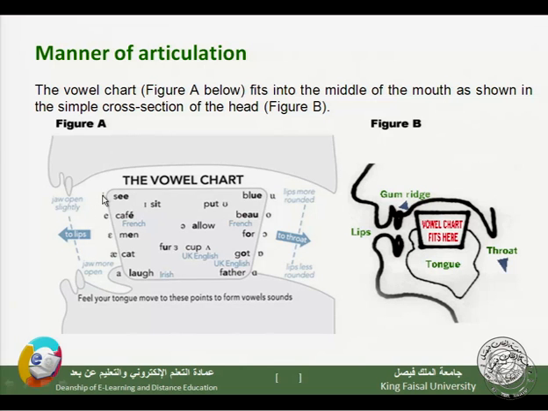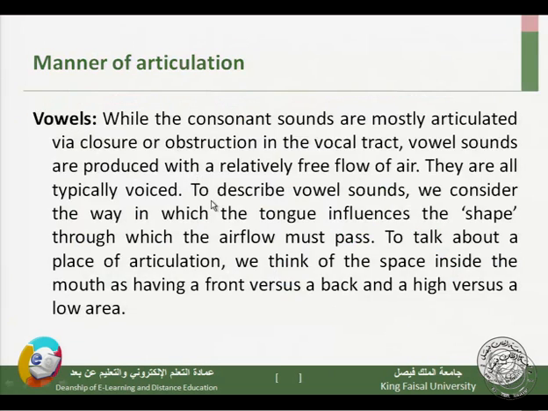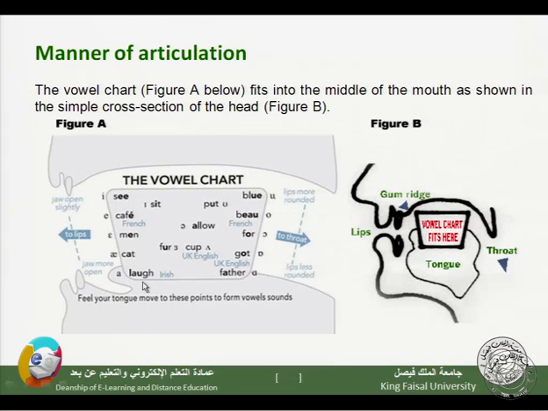E is upper. This one is close to upper. This one is in the middle. So the position of the tongue, as we said, is at the front or at the back, at a high or at a low position.